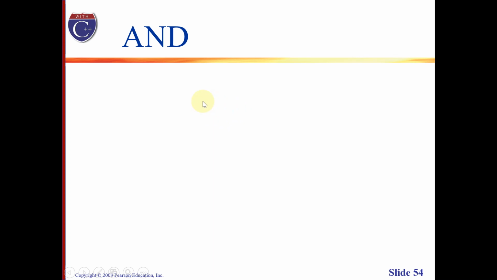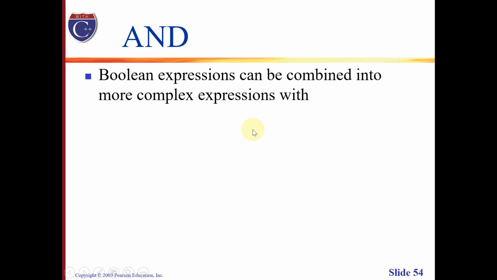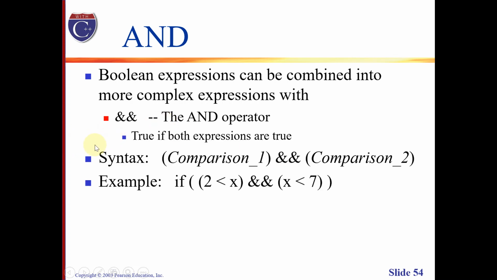We also have the AND operator. Boolean expressions can be combined into more complex expressions using the AND operator. In C++, we put the following operator to signify the AND operation, thus allowing us to combine multiple Boolean expressions to come up with more complex expressions. For instance, we have the following.